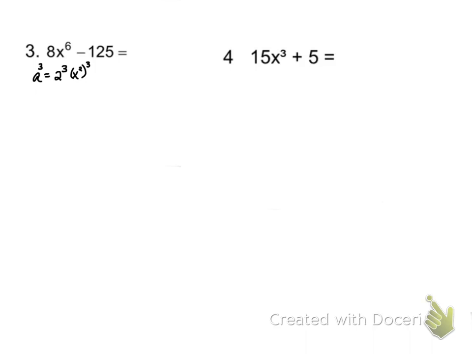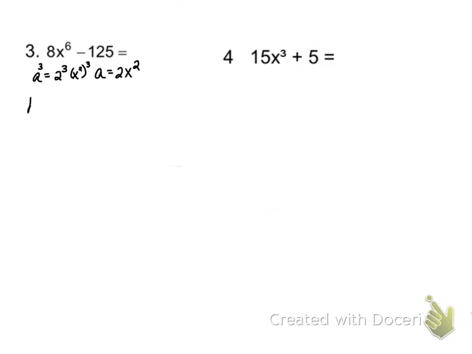So from that, then, we know that a is equal to 2x squared, because those are the 2 things that are cubed to get a.